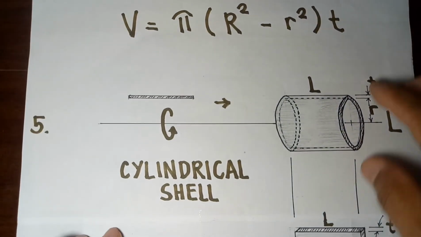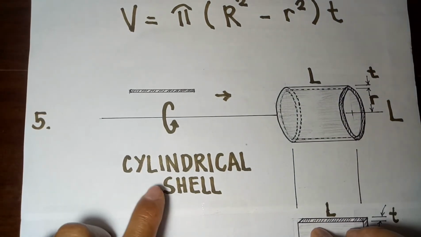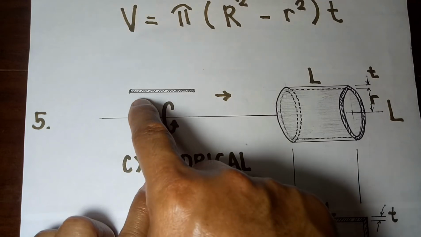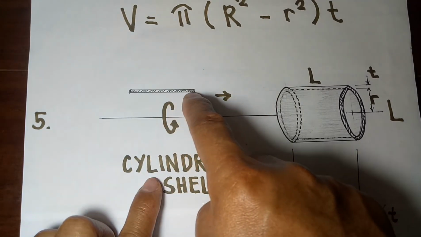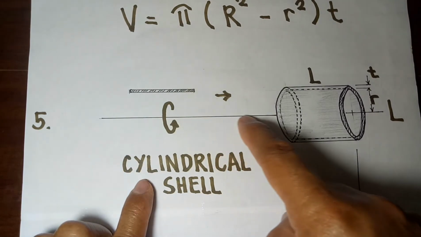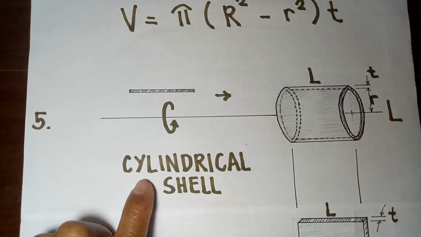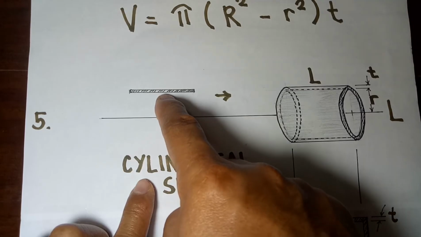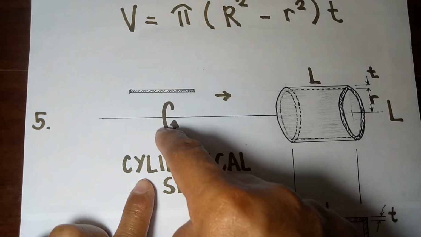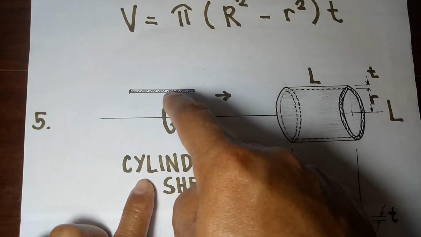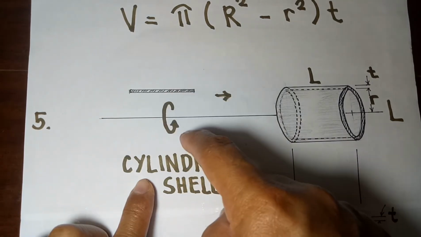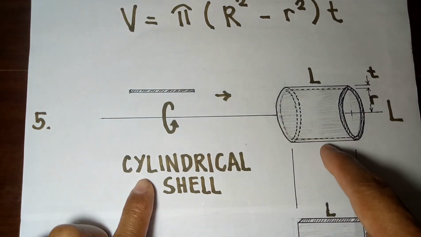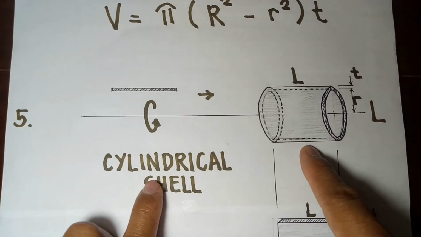Okay, next. Number 5. Number 5 natin, ito yung ating plane area at ito naman na yung ating line L. So, this time, the plane area has its edges parallel to the line L. So, if we are going to rotate it about L, so this is the solid to be generated by the plane area.